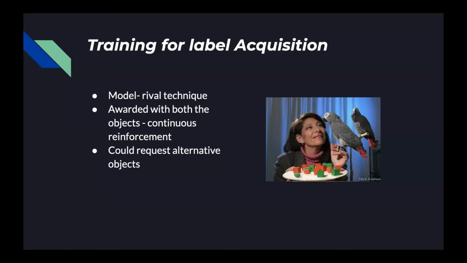Alright, so secondly, being awarded with the objects was continuous reinforcement, to make sure that there was a very strong association built between the object category and the label that had to be learned.